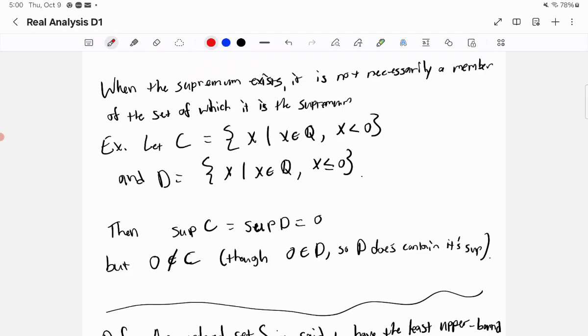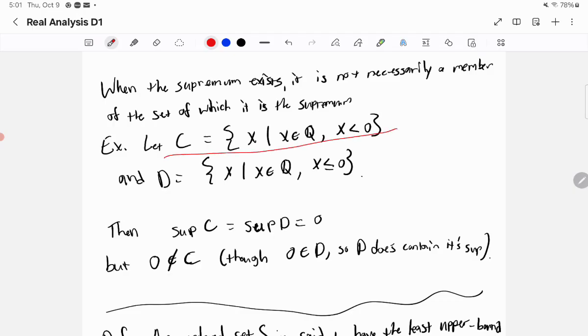So let C be the set of rational numbers such that the rational number is less than 0, so it's negative. And let D be the set of rational numbers such that the rational numbers are less than or equal to 0. So 0 is a rational number, right? So we have the set of all rational numbers.